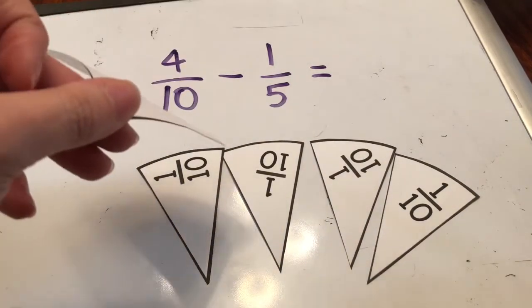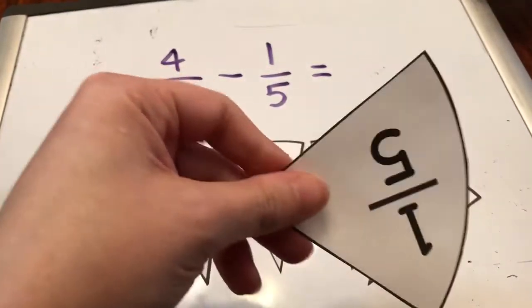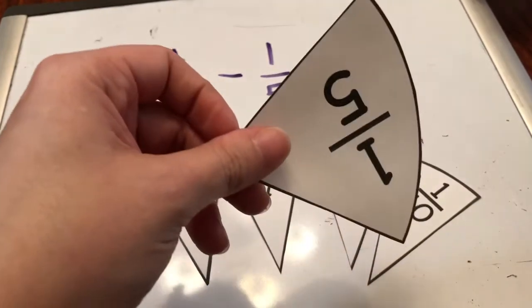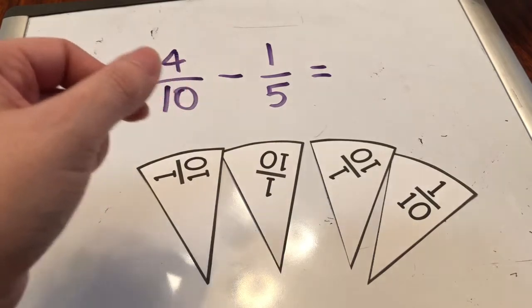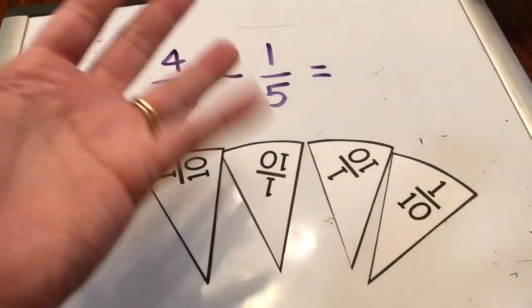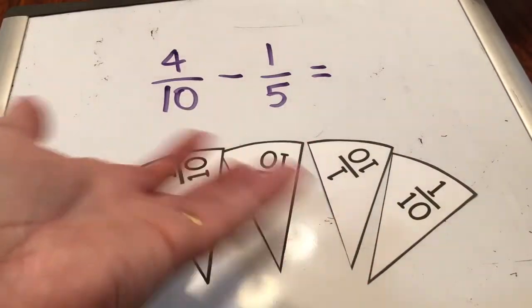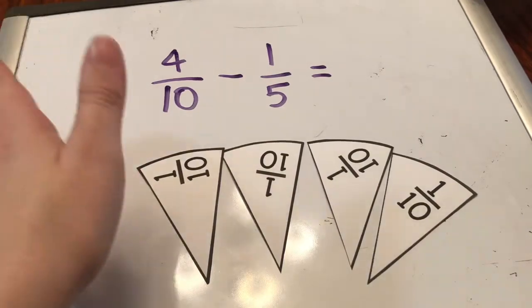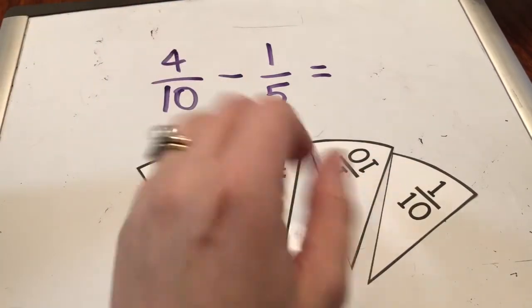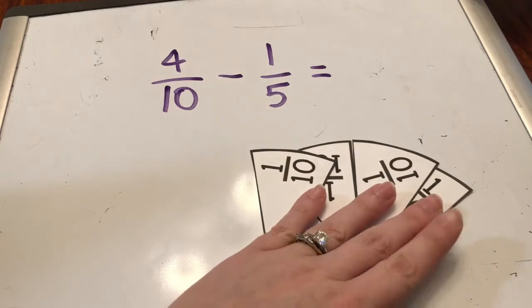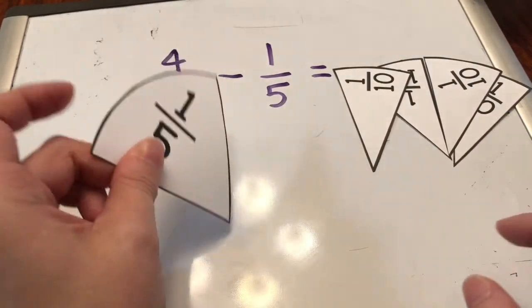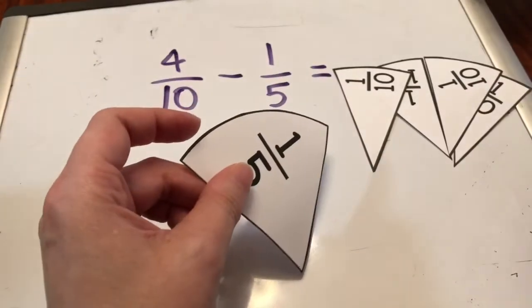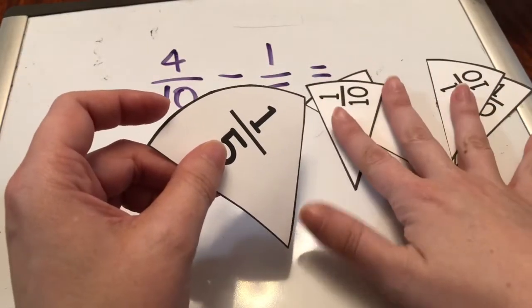I am going to use it to find out how many tenths can fit on it, but it is not part of here because I can't just have this and then be like, oh, I'm going to take it away because that's still 4/10. So that's just something to keep in mind.